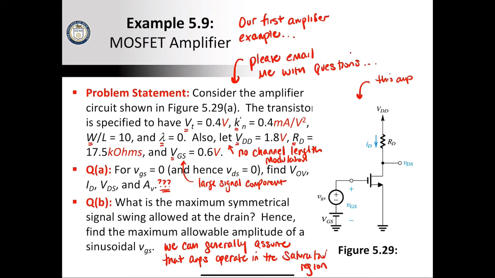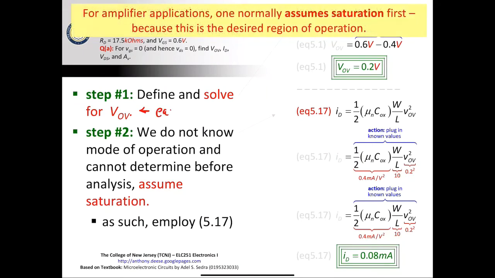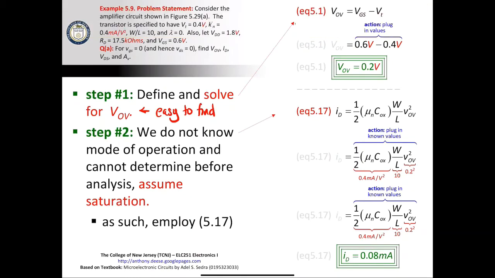All right, so let's solve this. We know that the current here will be 1/2 Kn VOV squared. The low-hanging fruit is going to be the overdrive voltage, because we know what VGS is, they tell us that, and we know what VT is. So the overdrive voltage is 0.2 volts. That's easy.